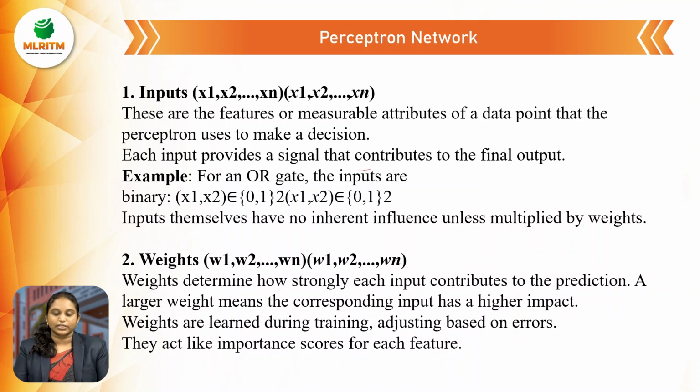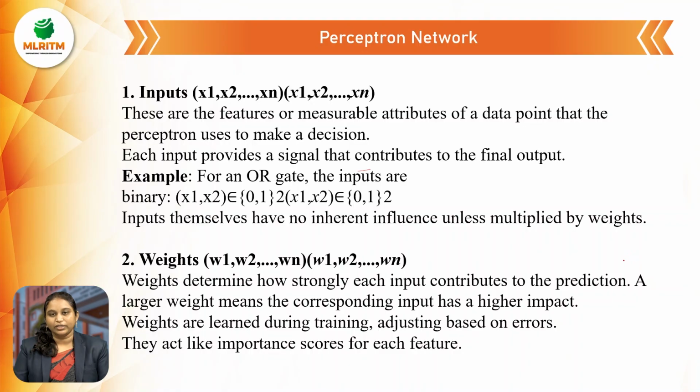For example, for an OR gate the inputs are binary, so x1 and x2 belong to 0 or 1. Here the inputs themselves have no inherent influence unless they are multiplied by the weights.